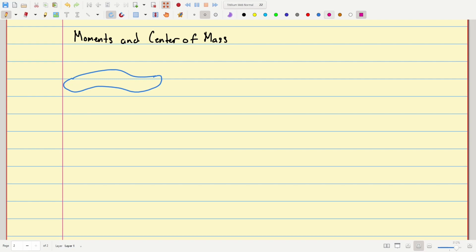Somewhere along here there is a point where if I place a fulcrum here, it would balance on this point. All right, this point here should be the center of mass. Okay, they've been around for a very, very long time at this point.